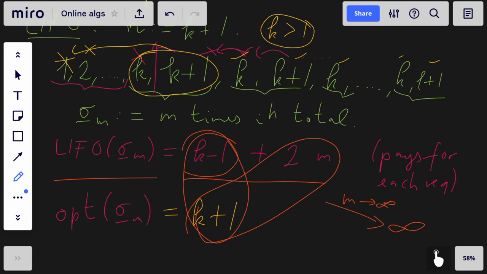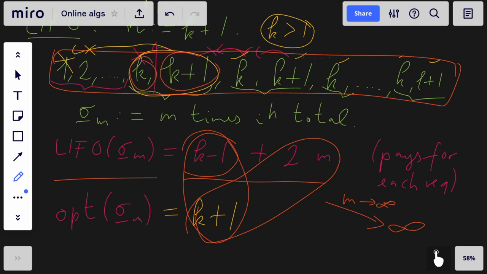So this is a very bad input for the LIFO, but it's not really a bad input for the least frequently used, because if you use the frequencies, then eventually you will just keep these two in the cache.